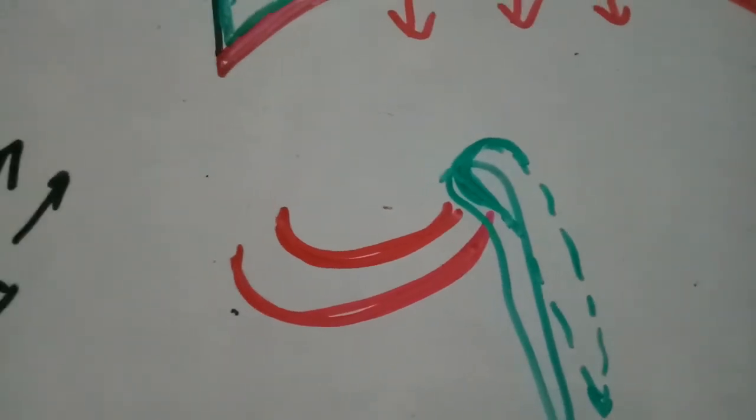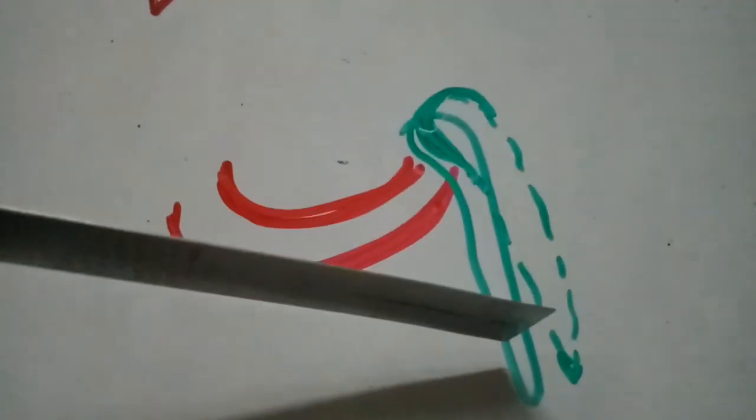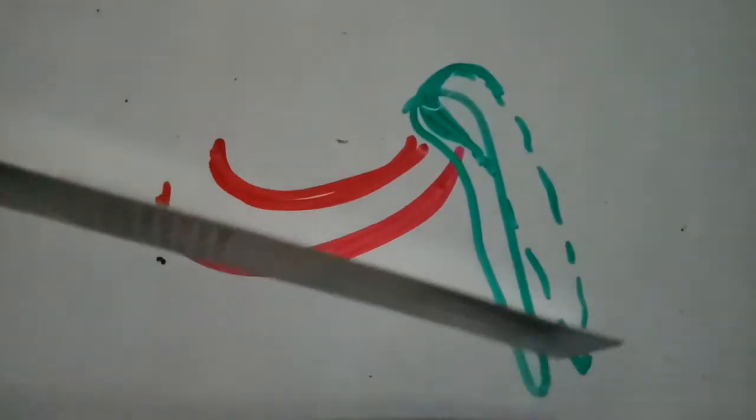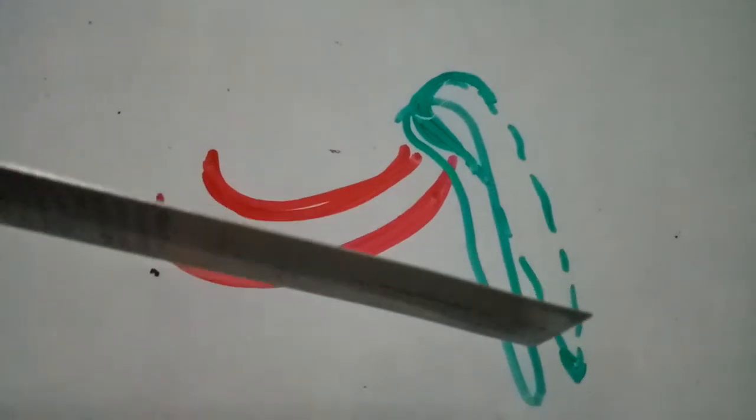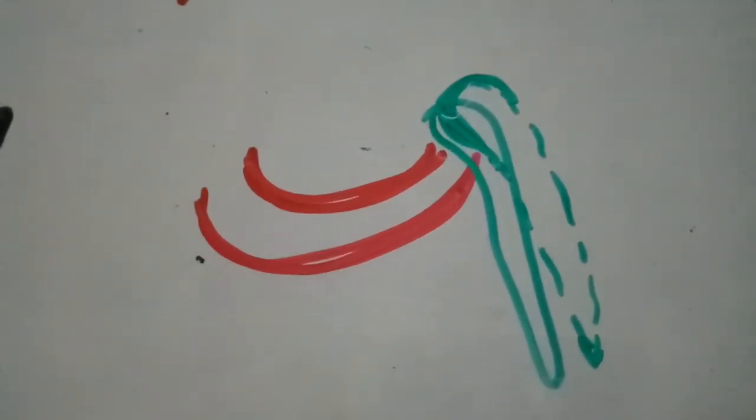Now what it will actually do is that when it contracts, it will cause the upper end of the sternum to come closer and the lower end to go far away. So this is the initial position, and the dotted line is the position after the contraction of the external intercostals.